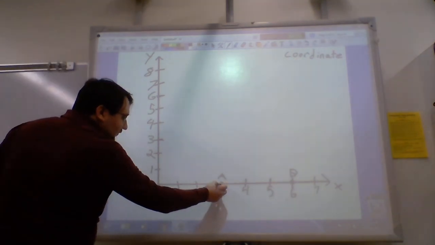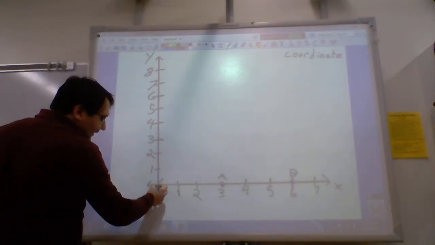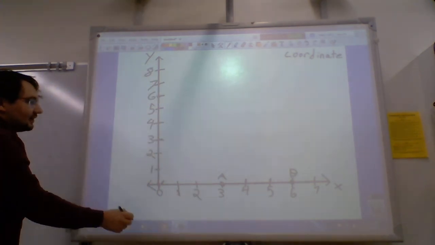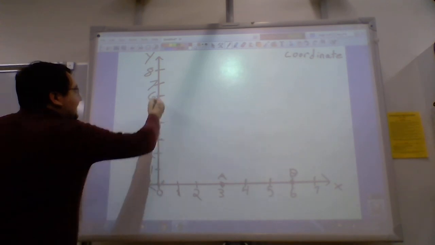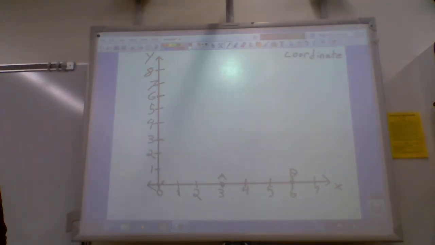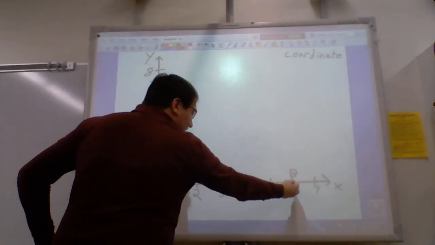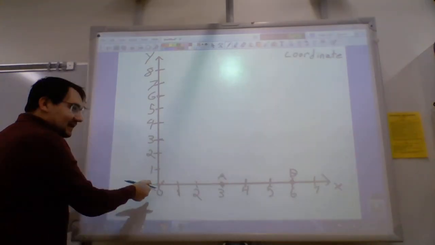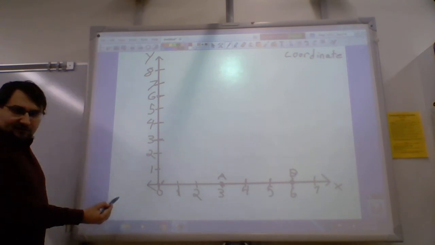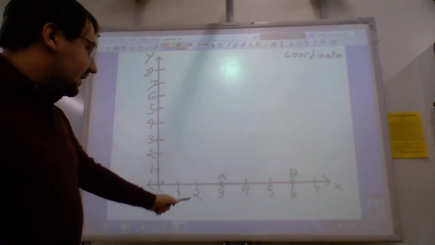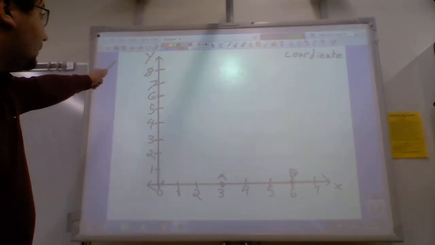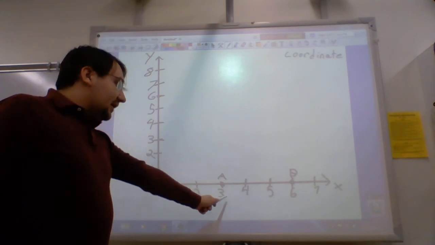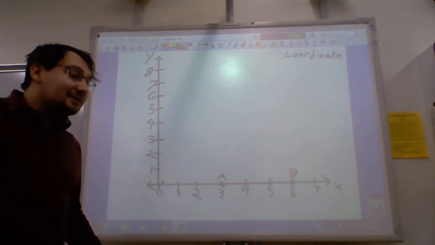But if we trace A all the way back, we find out that A, when it's on line Y, is actually on 0. It's the same with B over here. B, if we trace it all the way straight down to line Y, it ends up at 0. So the coordinate of point A on line Y is 0. The coordinate of point A on line X is 3.